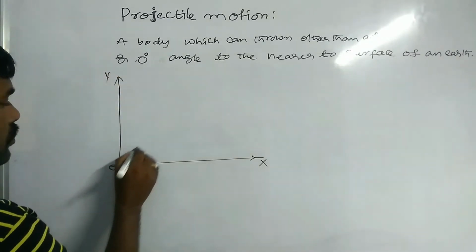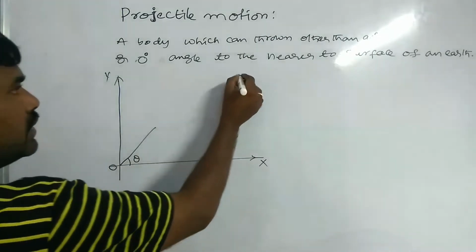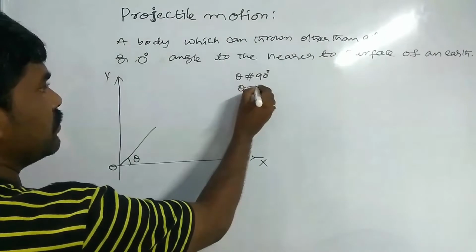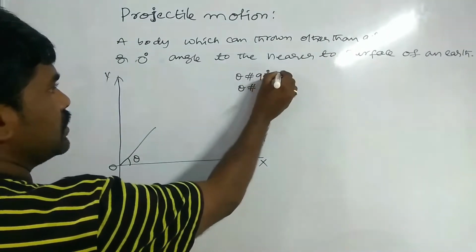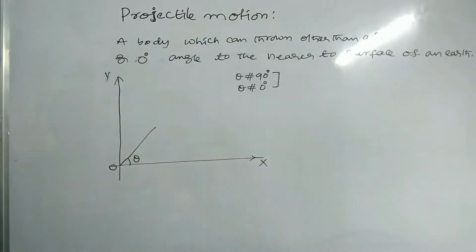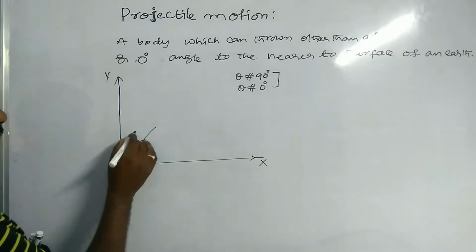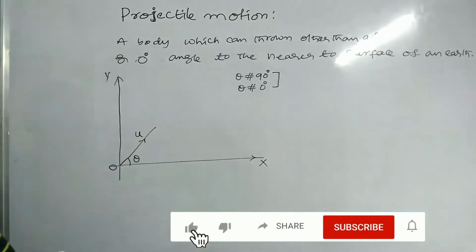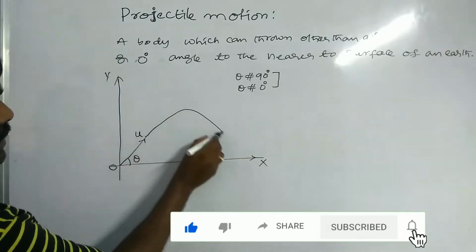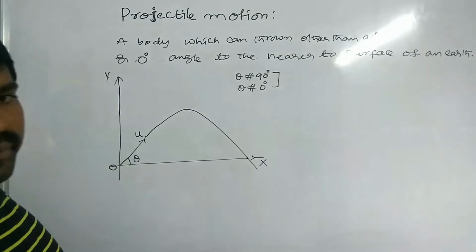If a body is thrown with a certain angle theta, where theta is not equal to 90 degrees and not equal to 0 degrees, that is the condition to make it a projectile. Whenever you throw an object with angle theta and initial velocity u, it moves in this way and reaches its ground point after some time.